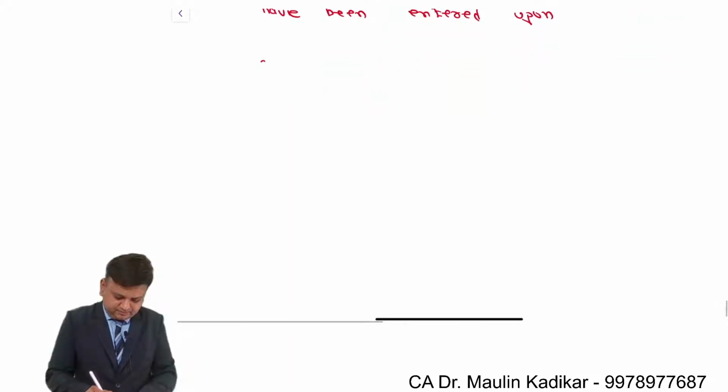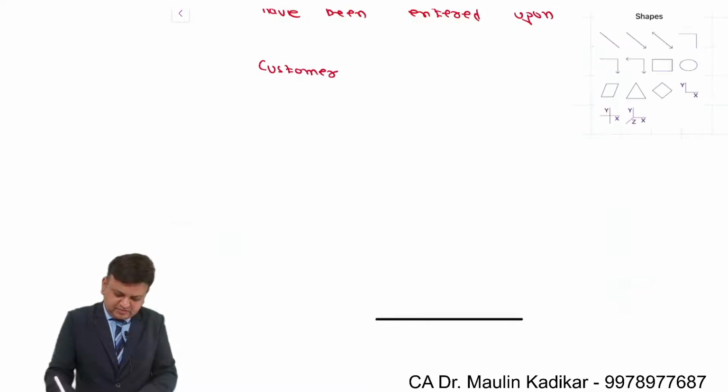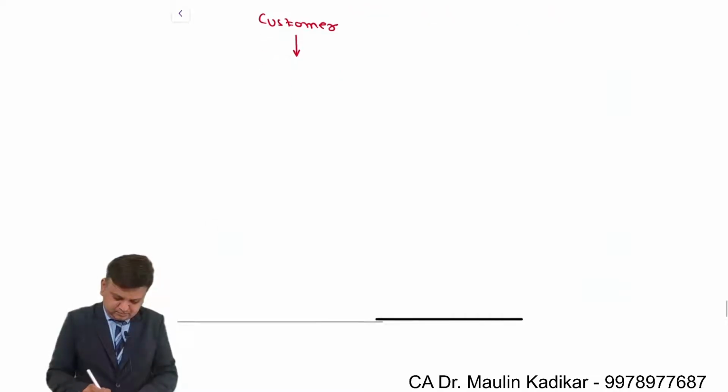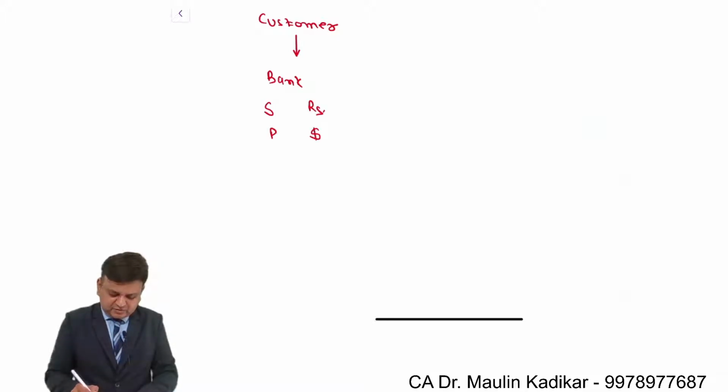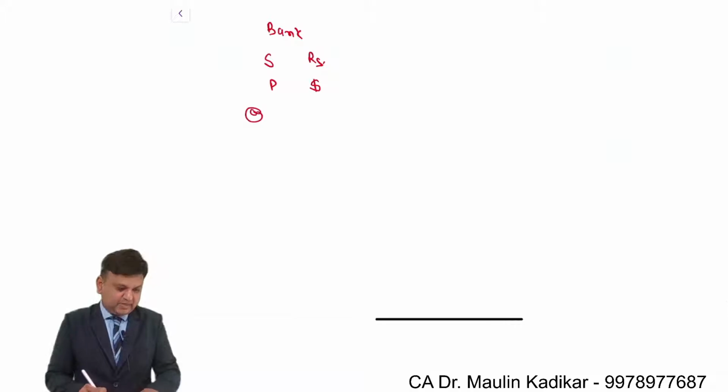Write down: customer with bank, sell of rupees and purchase of dollar at the rate of 64.40.